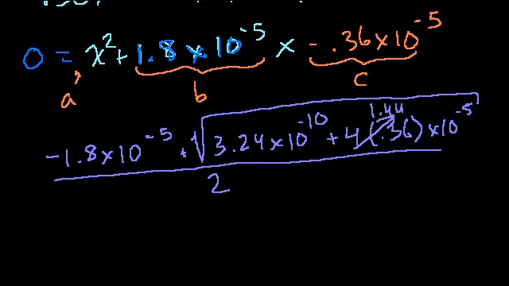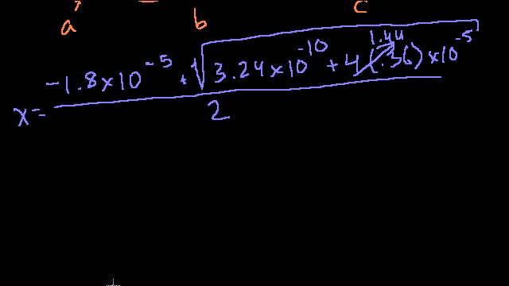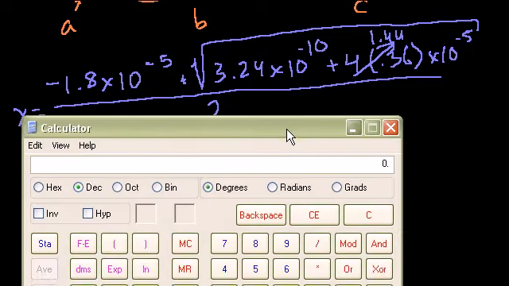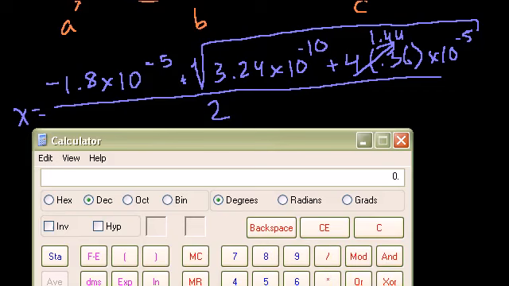2. And this is going to be my x value, my concentration of OH. So let's see. I have 3.24 times 10 to the minus 10. That's that. Plus 1.44 times 10 to the minus 5 is equal to that.